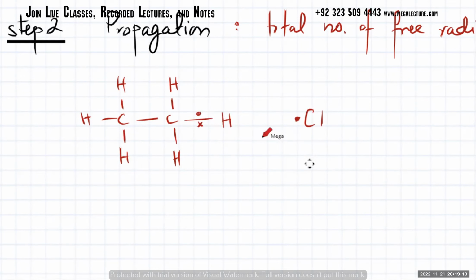Now this Cl, because of its high number of protons in its nucleus, is going to try and pull the hydrogen electron. ठीक है? The hydrogen is sharing its electron with carbon, so Cl will try and pull that electron towards itself and bond with it. So the idea is clear, the hydrogen, instead of sharing electrons with carbon, its electron is going to be attracted to Cl, and it will start sharing electrons with Cl. Is that clear?